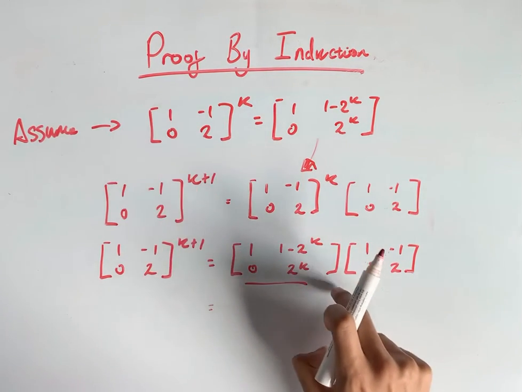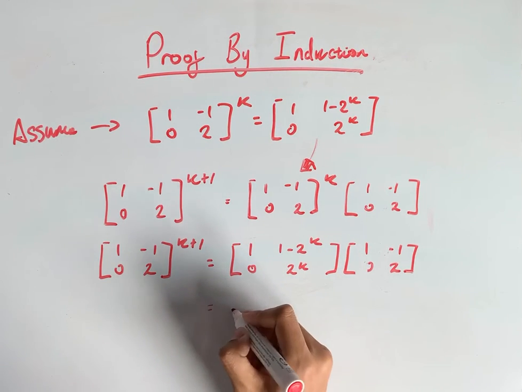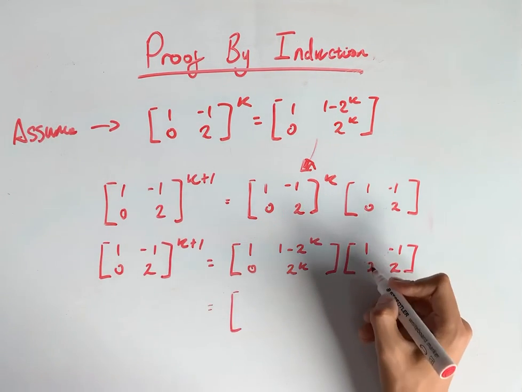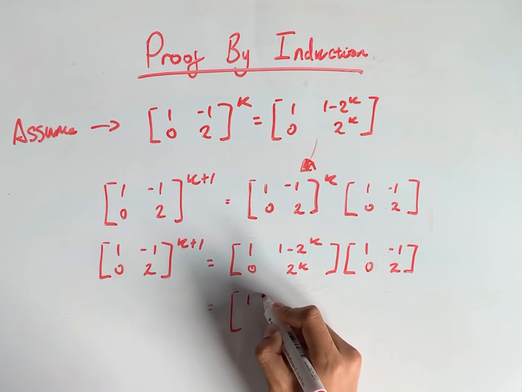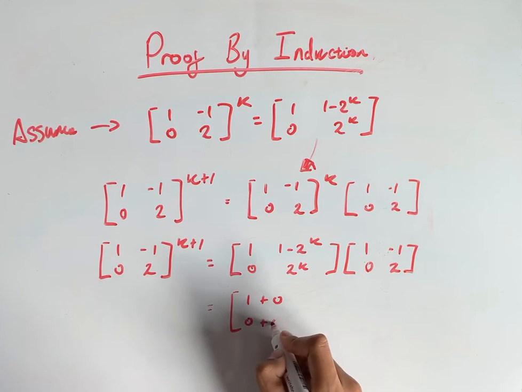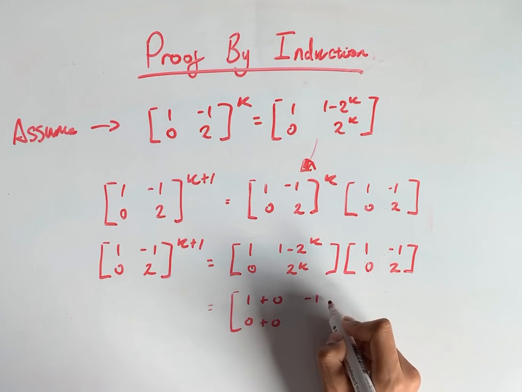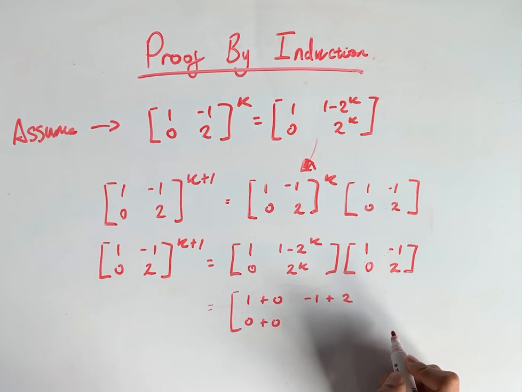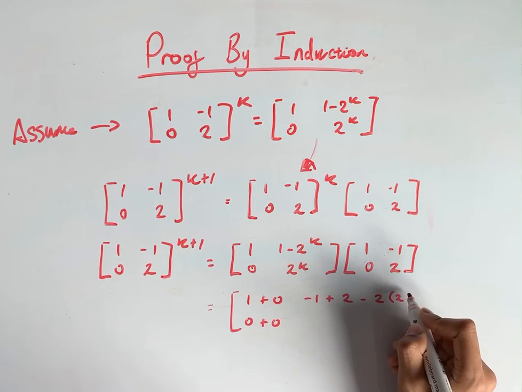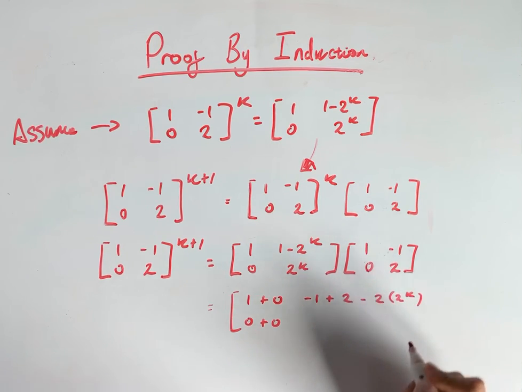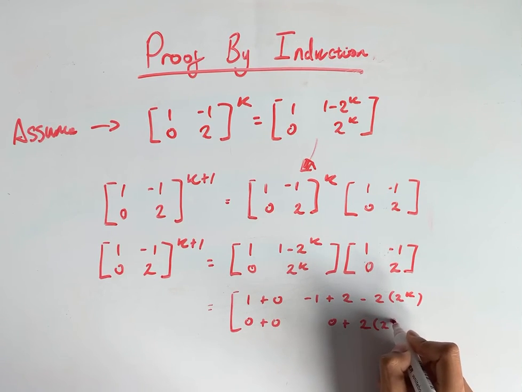So, once we do our matrix multiplication, we end up with something that looks like 1 plus 0, 0 plus 0, minus 1 plus 2 minus 2 times 2 to the k, and 0 plus 2 times 2 to the k.